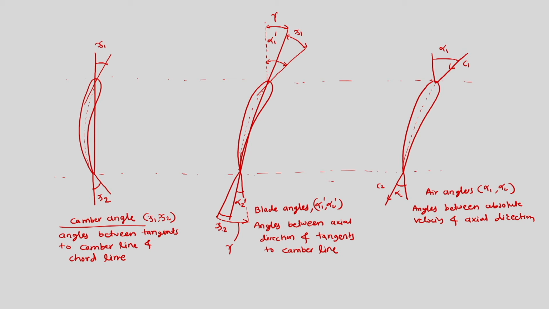So this gamma minus chi 2 is alpha 2 dash. So we can write down alpha 1 dash minus alpha 2 dash is equal to chi 1 plus chi 2.